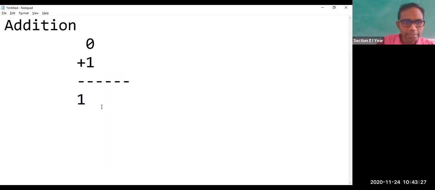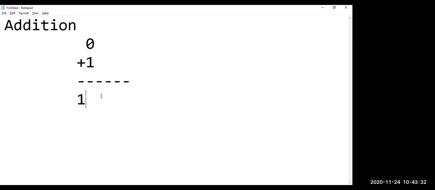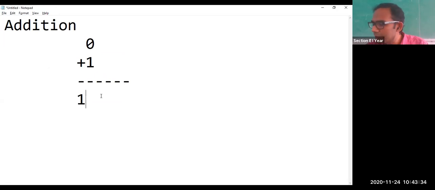What might be the result? 1. Very good. So only 0 plus 0, the result is 0. Then 0 plus 1, the result is 1. 1 plus 0, the result is 1. And if you have 1 plus 1, don't say the answer is 2. The result is 1, 0, because we have binary numbers, the result is 1 and 0.